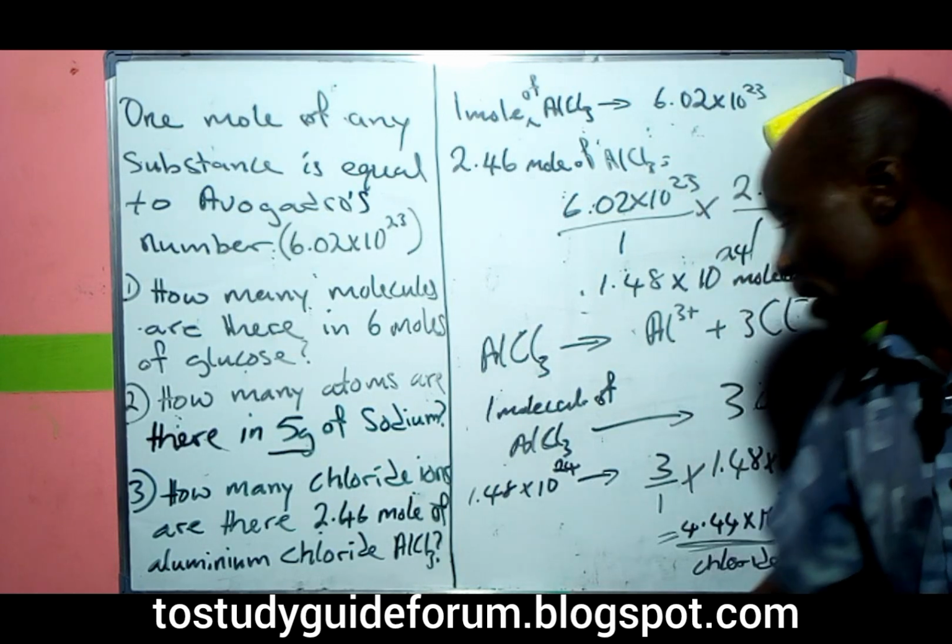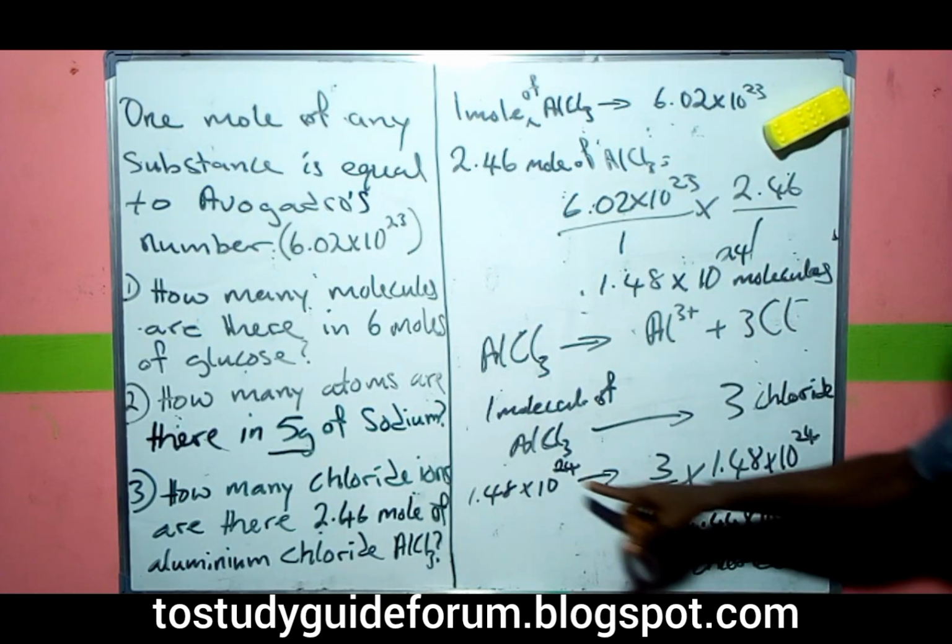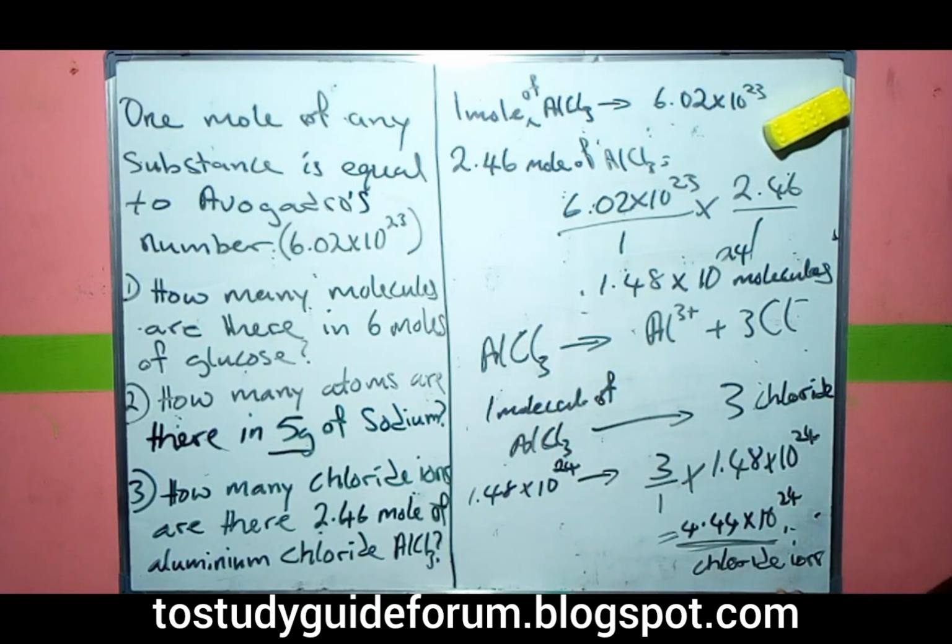Because from here we find out that the chloride ion we have is 3. So from the molecule, we are able to get 4.44 times 10 raised to the power 24 chloride ions.